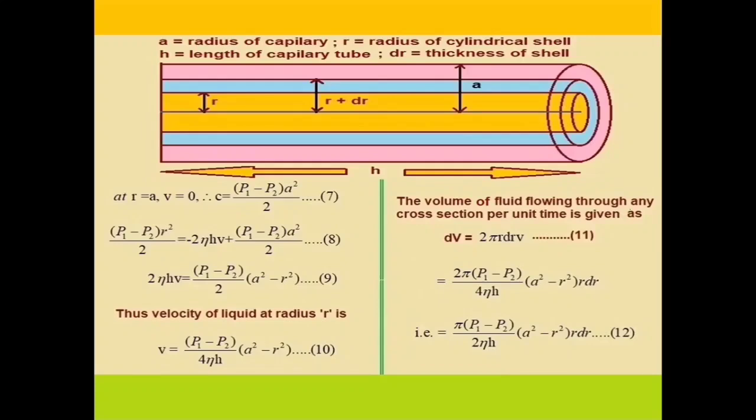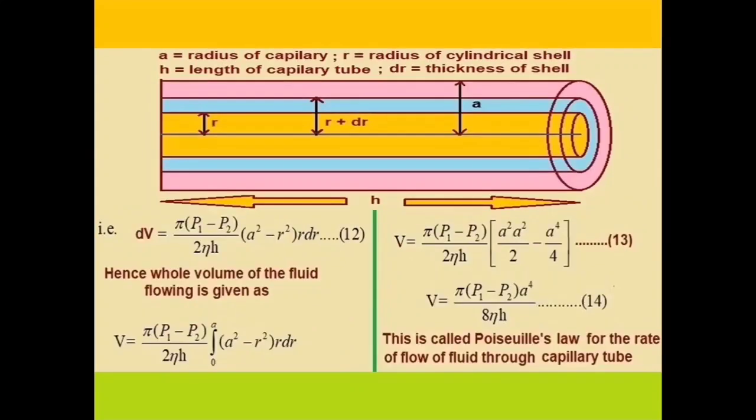This is equation 11, which is equal to twice pi into (P1 minus P2) divided by 4 eta h into (a square minus r square) into r dr. That is equal to pi into (P1 minus P2) divided by twice eta h, the 2 gets cancelled, into (a square minus r square) into r dr. So this is equation 12, that is change in volume: dV is equal to pi into (P1 minus P2) divided by twice eta h into (a square minus r square) r into dr.